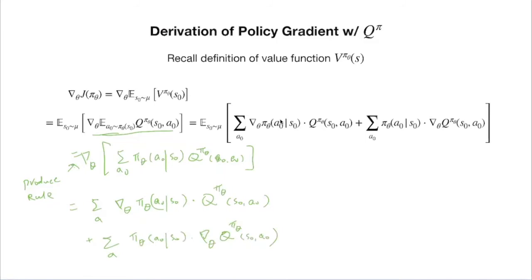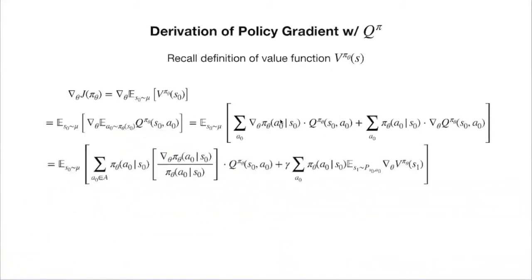Right, so this is literally the product rule: (fg)' equals f' times g plus f times g'. That's literally the product rule that I'm doing.